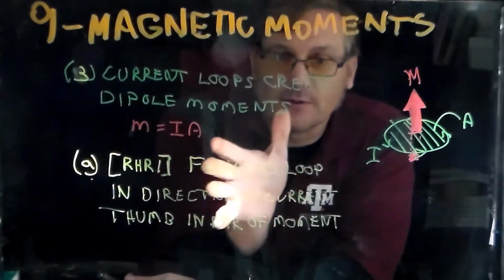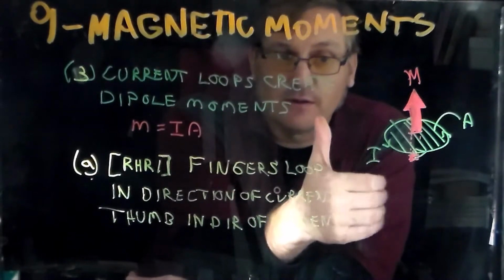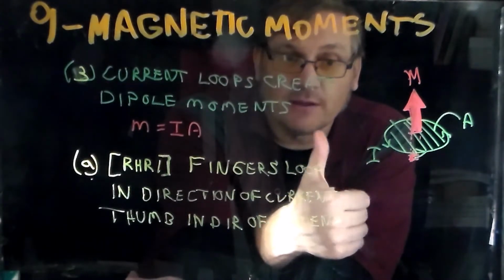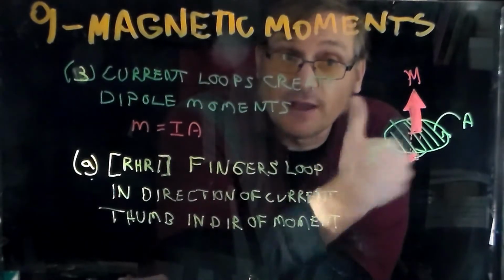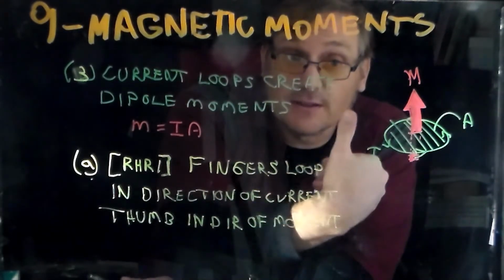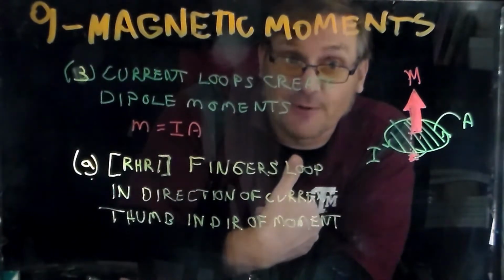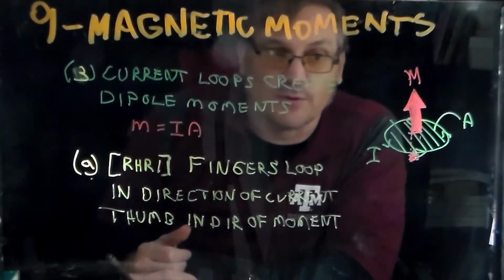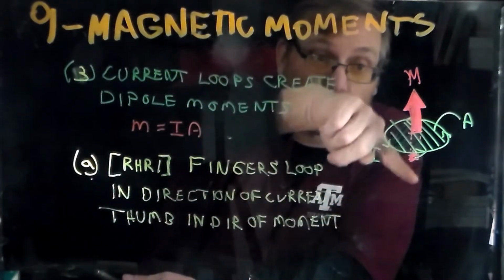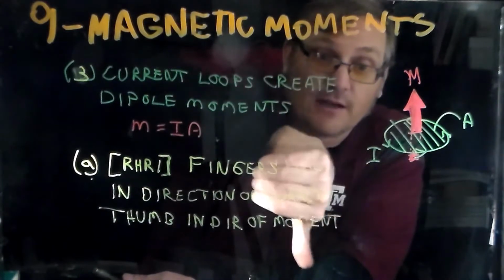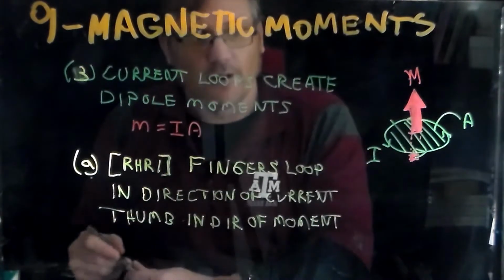So you take your right hand and you curl it around just like you got here, and you stick out your thumb, and if you're curling in the direction of the current, that thumb always stays in the same direction, which is perpendicular to it and going up. All right? So in this case, that's true. Now, if the current was going in the opposite direction, going this way instead of that way, then your magnetic moment would be down. Okay, so that's how that works.